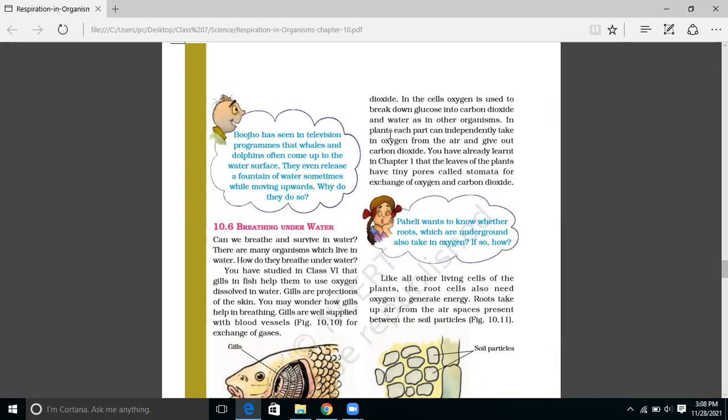Now, in plants, each part can independently take in oxygen from the air and give out carbon dioxide. Now, you have already learned in chapter 1 that the leaves of the plants have tiny pores which we call stomata, which is used for the exchange of oxygen and carbon dioxide.